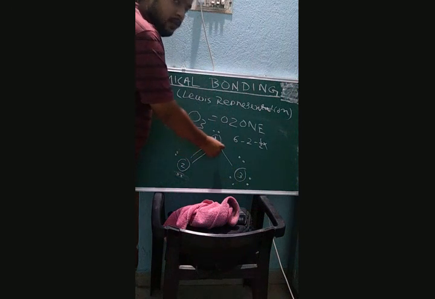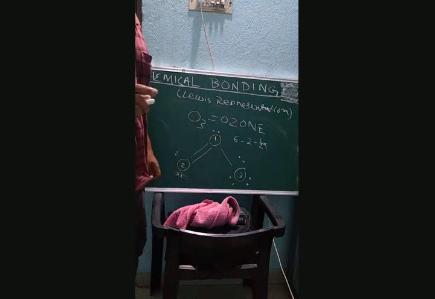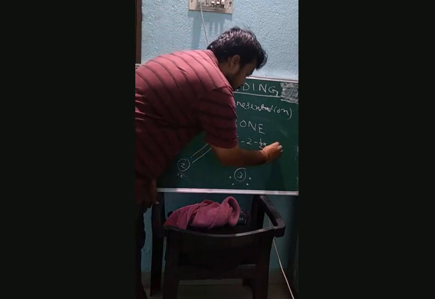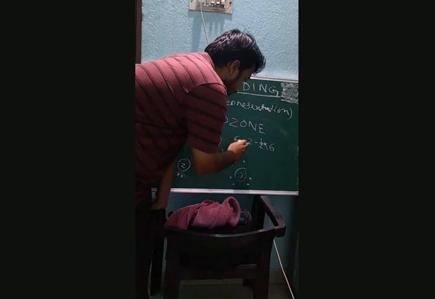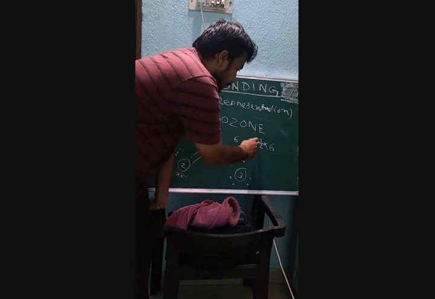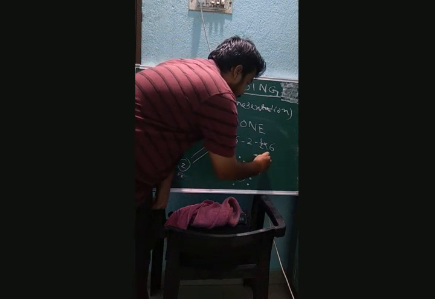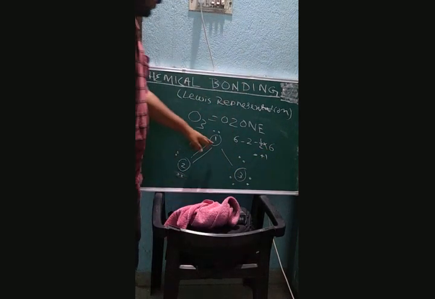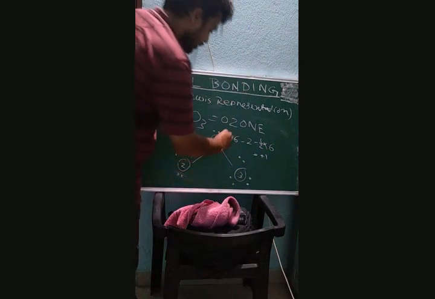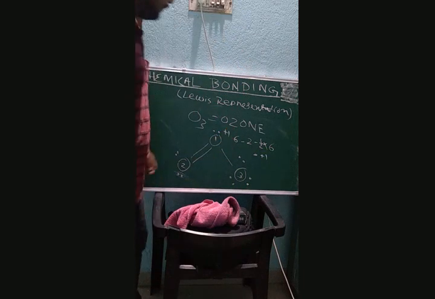There are 1, 2 and 3 bonds, meaning 6 shared electrons. So the formal charge will be 6 minus 2, 4, minus 3, is equal to plus 1. For this oxygen, the formal charge is plus 1.